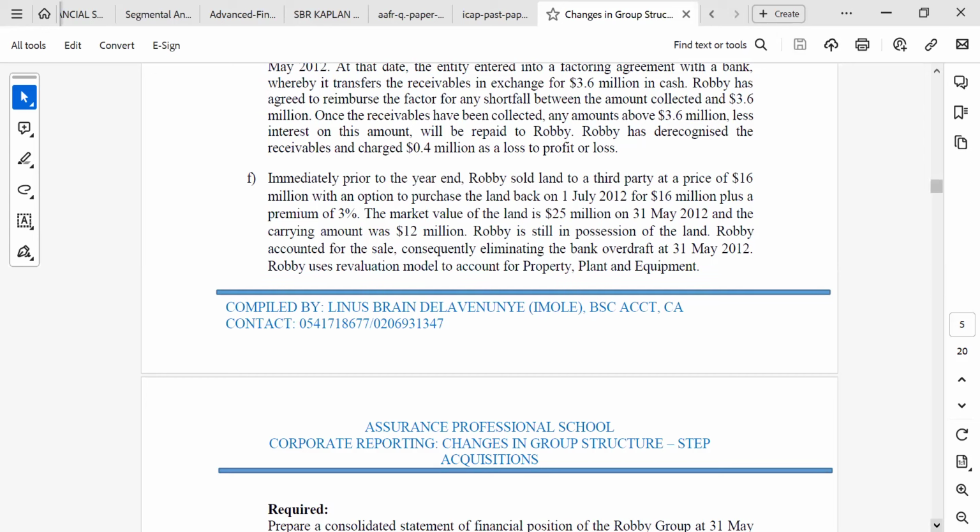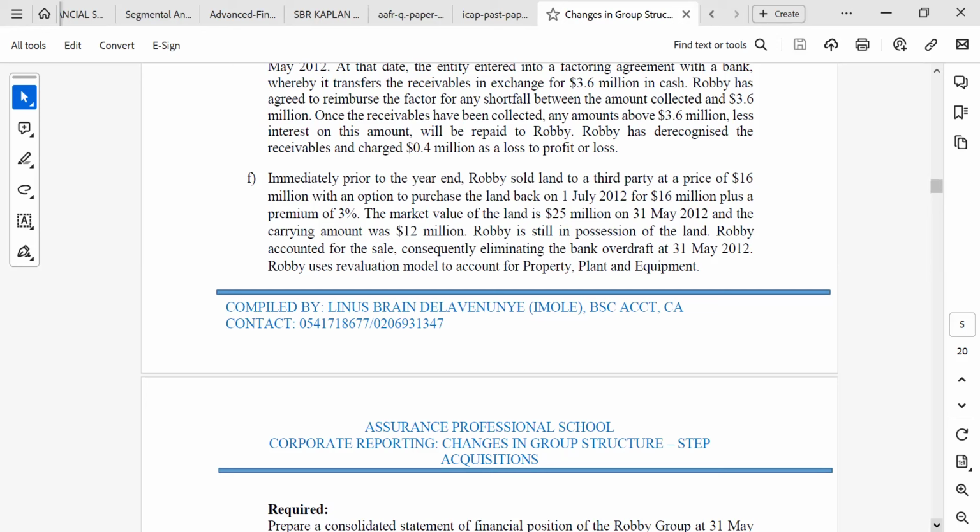Okay. So you see, this is what we call a sale. If you make a sale, sometimes the question will be telling you that, okay, the sale. What do you have to do to measure the sale is that you ask yourself the value at which you are selling the asset to the person.